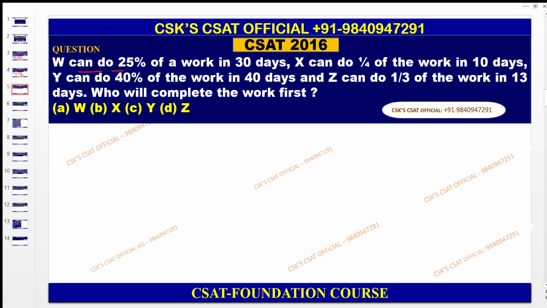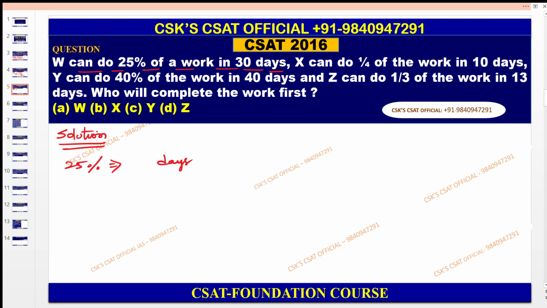W can do 25% of the work in 30 days. So this is done by W in 30 days. 100% is equal to the full work.